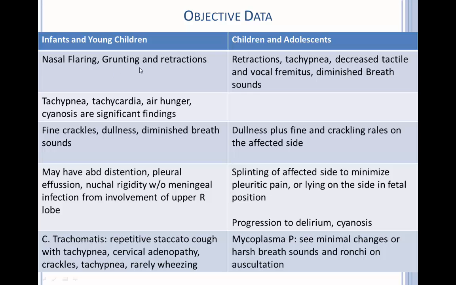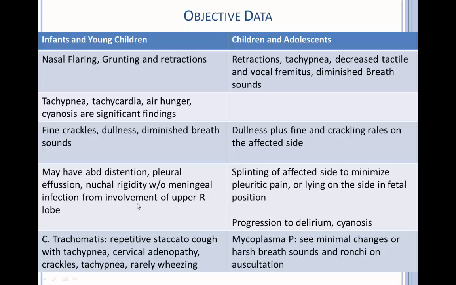Nasal flaring, grunting, or retractions could also be present in both populations. Tachypnea or tachycardia, or air hunger. Fine crackles could also be present, because remember, any type of infection could leak fluid to the outside.